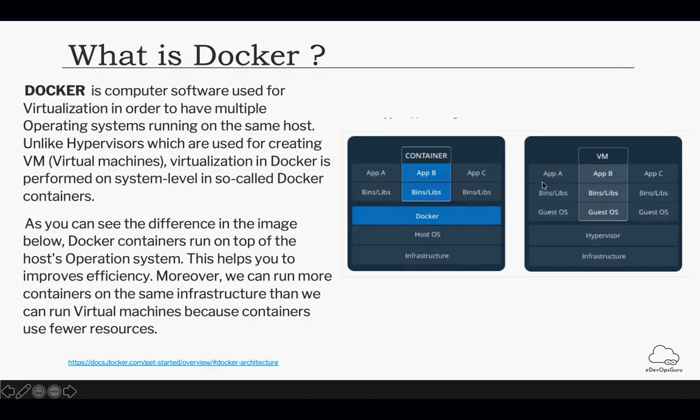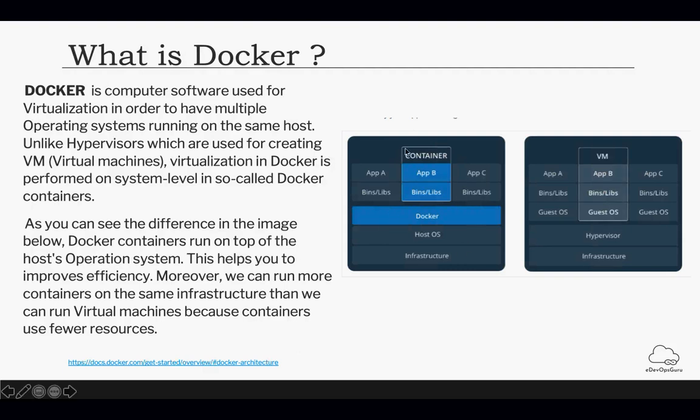For example, if we have to run an application A, we need a guest operating system, and similarly if we need to run 3 virtual machines, we need 3 operating systems, and these 3 operating systems will eat up your resources because these are full-fledged operating systems. This also increases your resource usage and decreases your compute capacity, because an operating system also needs space and memory to run.